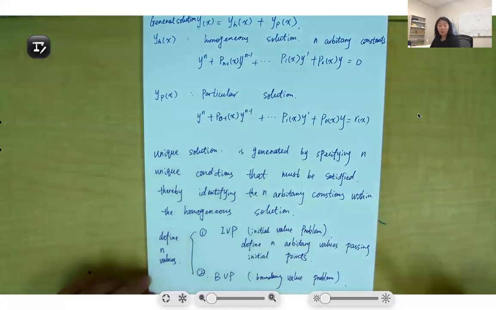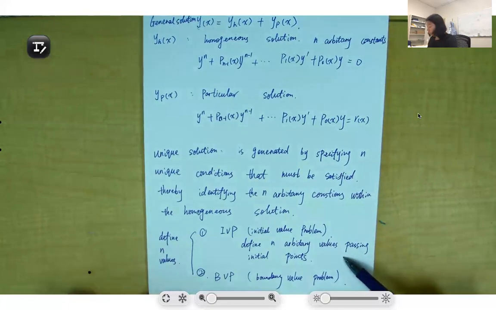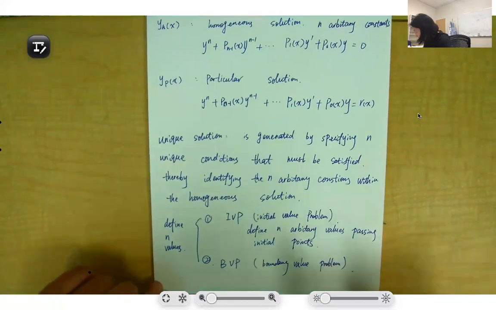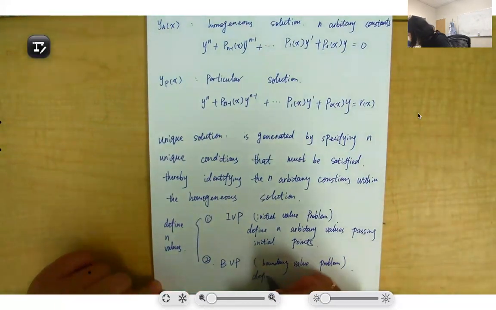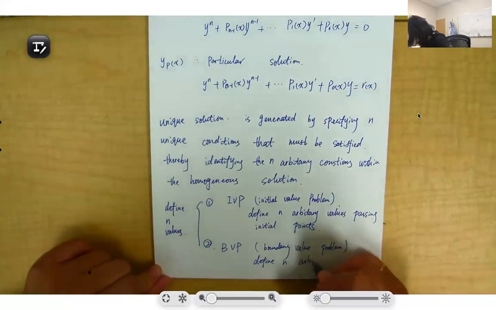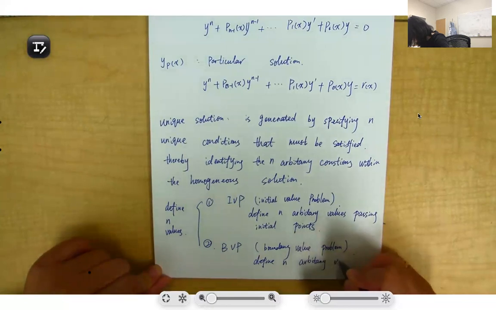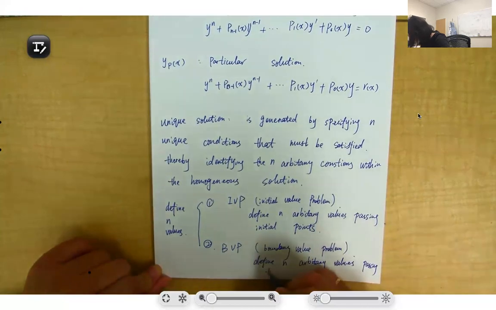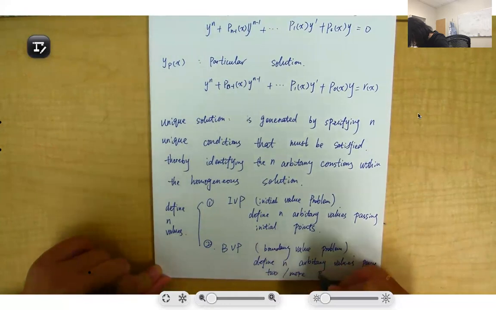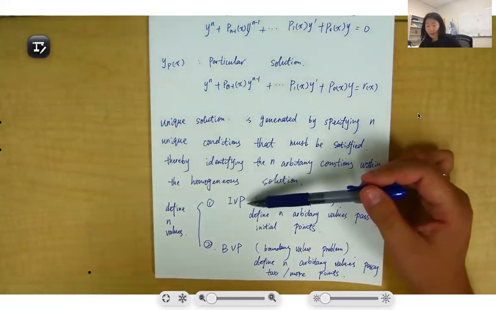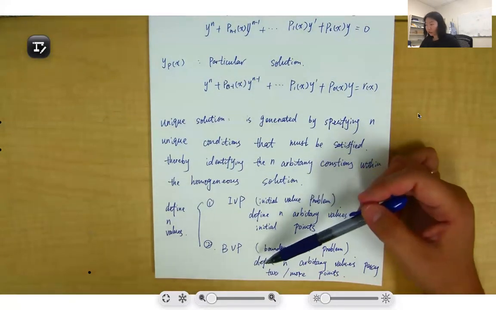So instead of only passing the initial points, we will pass two or more points to define the n arbitrary values. And we will talk more in detail regarding the IVP and the BVP in the later lectures, okay?